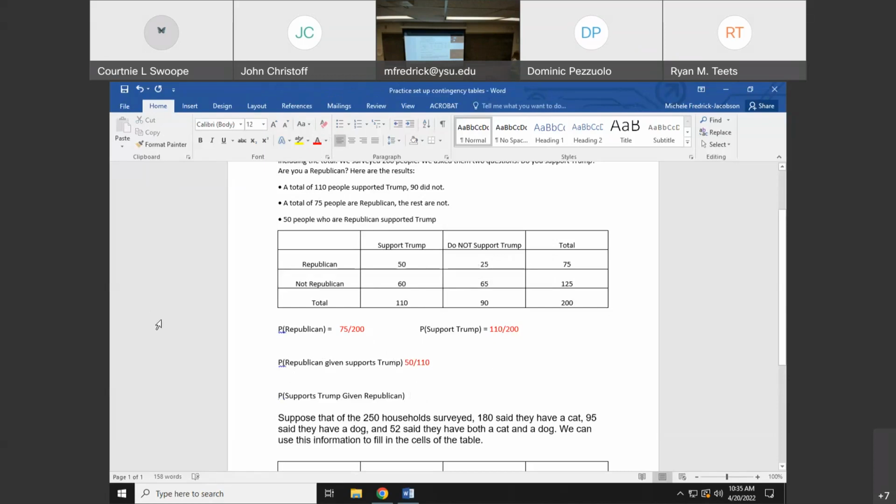Now you'll see, I can't remember if it's the homework or the group assignment, the way they word it, parts are given, but they don't say the word given. So you do have to be careful. I try not to do that on a test, but let's see. Probability support Trump given Republican. Anyone?